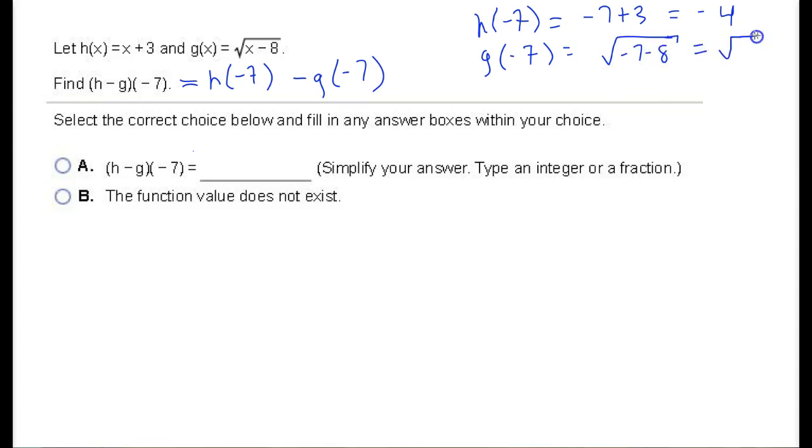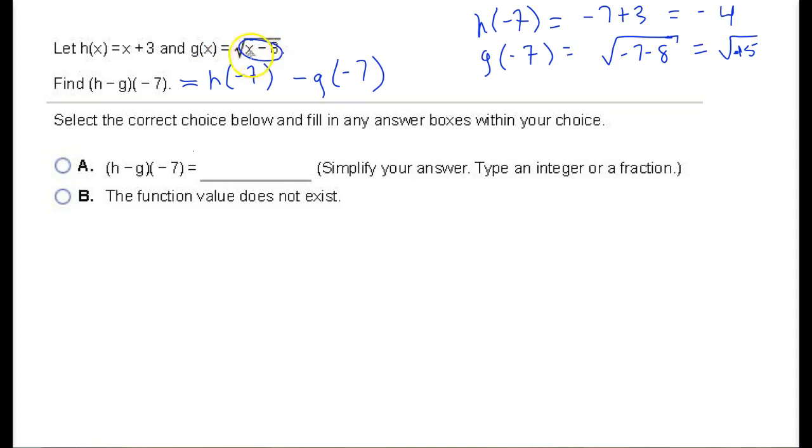we see that we end up getting square root of -15, which is an issue because we know that we cannot take the square root of a negative number and get a real number out. So in other words, we know that -7 is not in the domain of this particular function here.